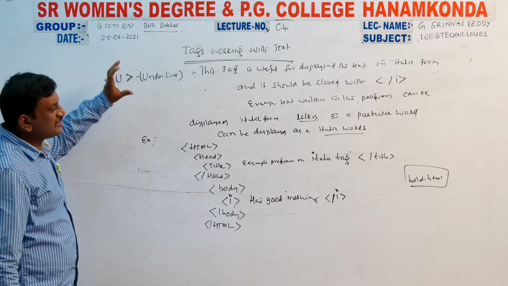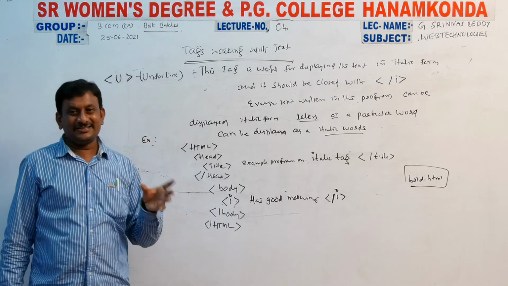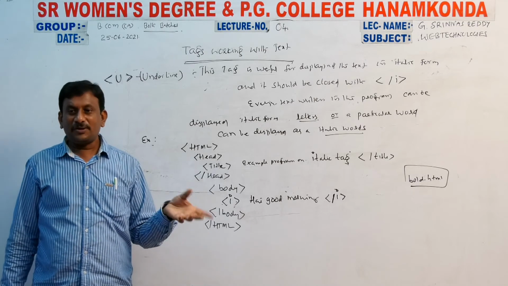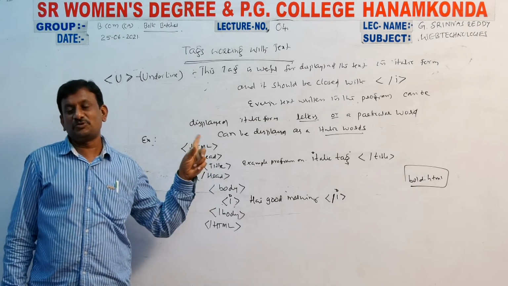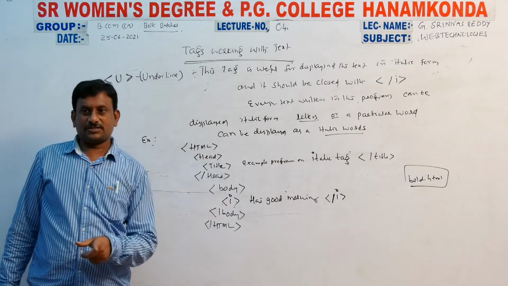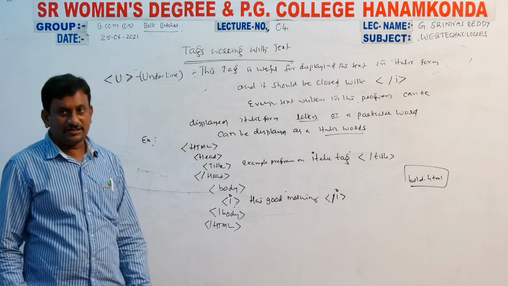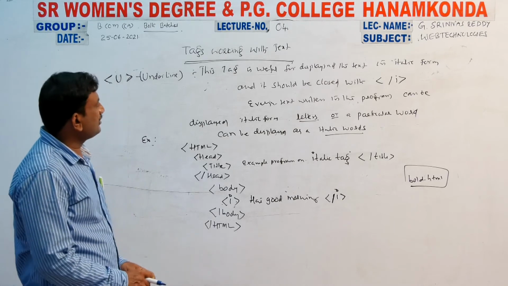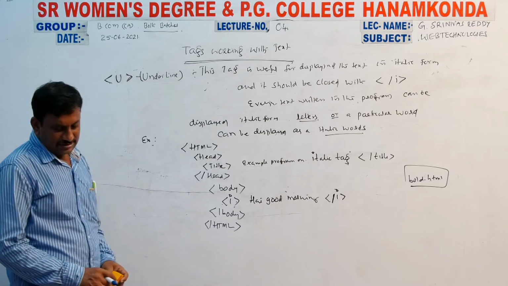For example, if you mention particular definitions, for stressing the word you underline it. That is the purpose of using U. U means underlining of the text.